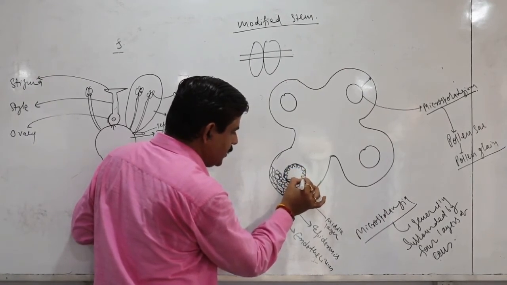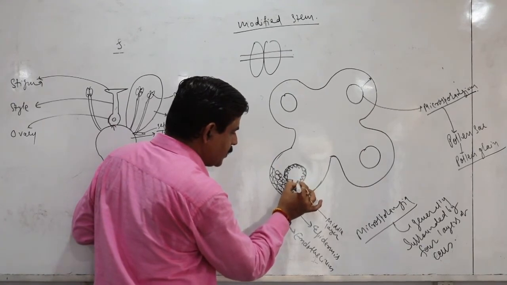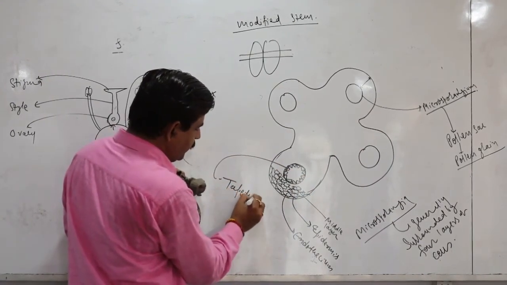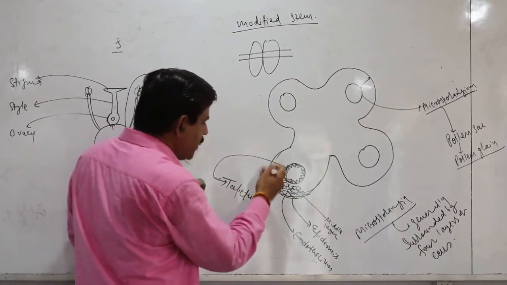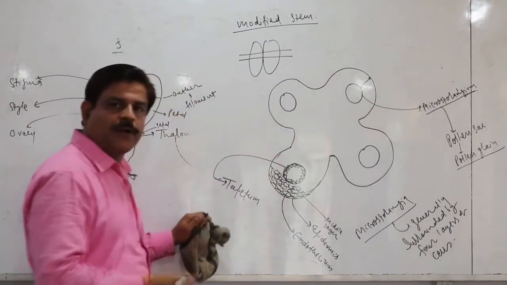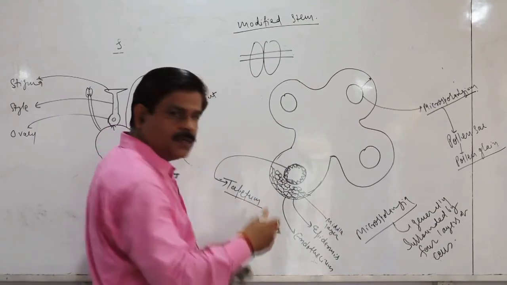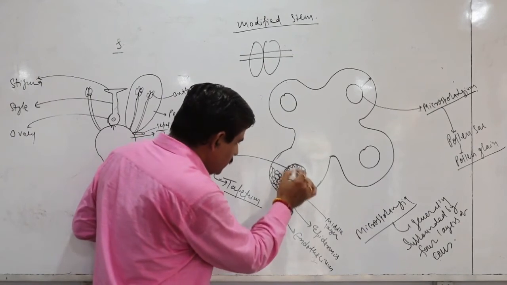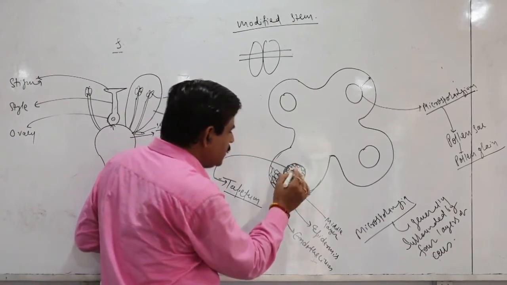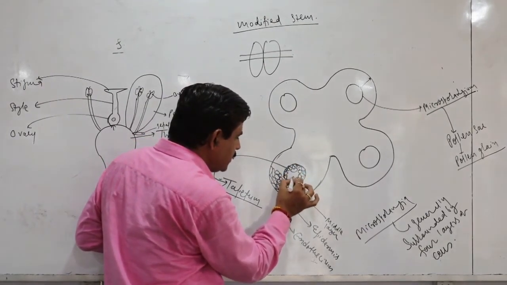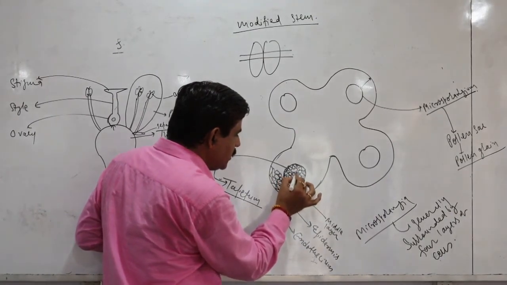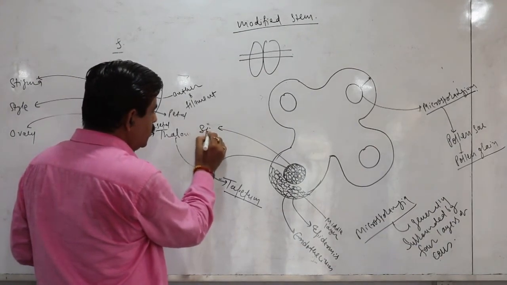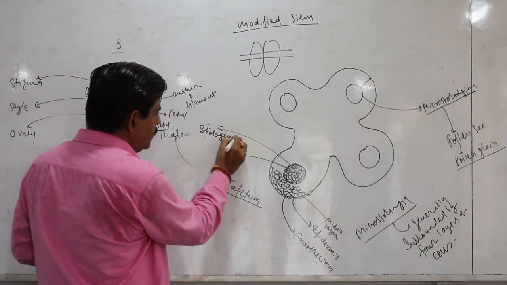The innermost layer is the tapetum. This provides nutrition to the developing pollen grains. These cells will provide nutrition to the developing pollen grains. What is inside this? Here is the sporogenous cell.